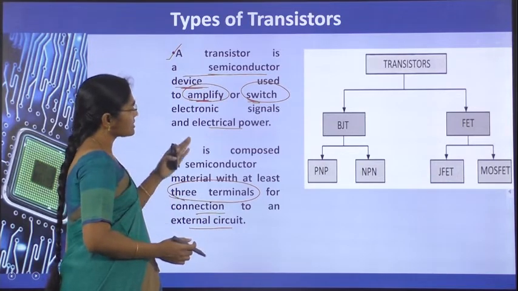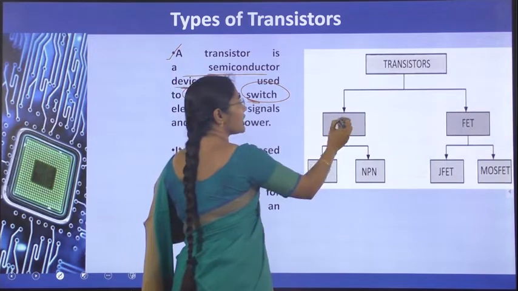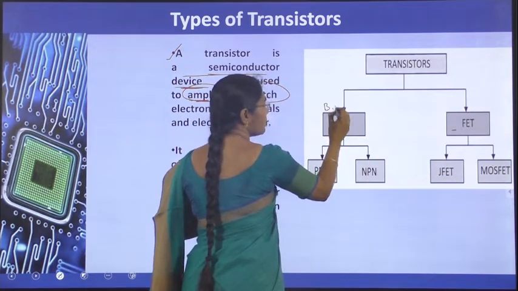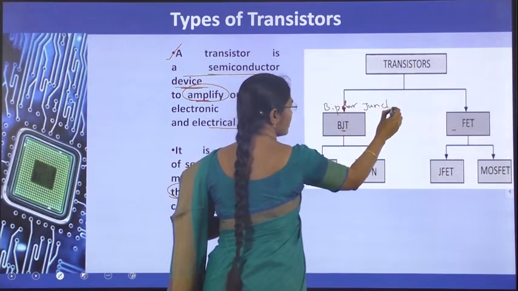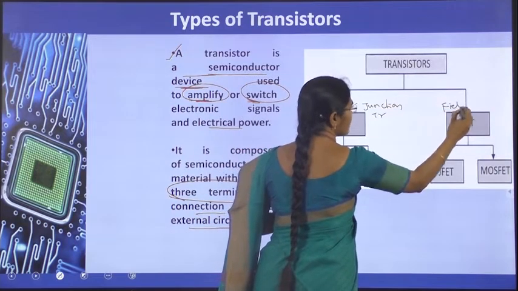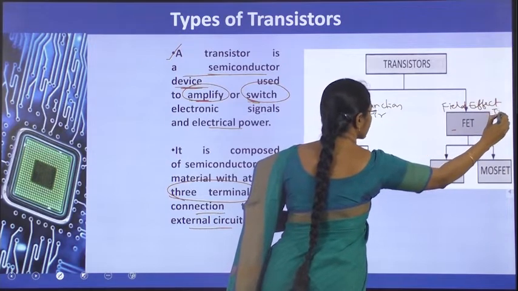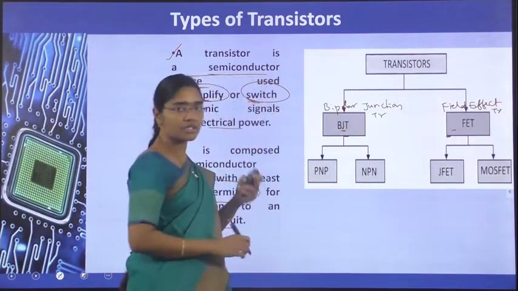Now, let us see the basic types of transistors. Basically, there are 2 different types: one is bipolar junction transistors and the other is field effect transistors. BJT is one type and FET is another type.